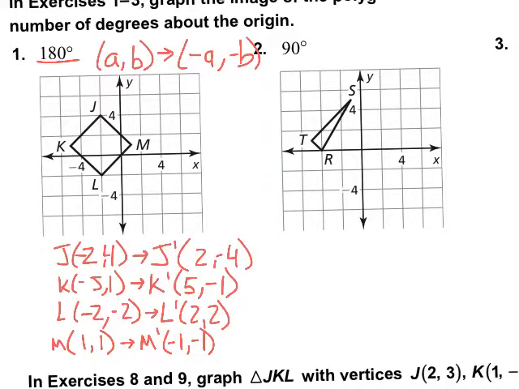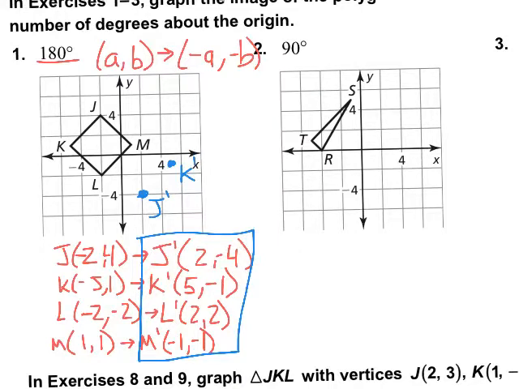Okay, so now that I have all of my new prime pieces, now I can go ahead and graph those. So 2, comma negative 4, over 2, down 4. That's my J prime. Okay, K prime is going to be 5, negative 1. So there's my K prime.